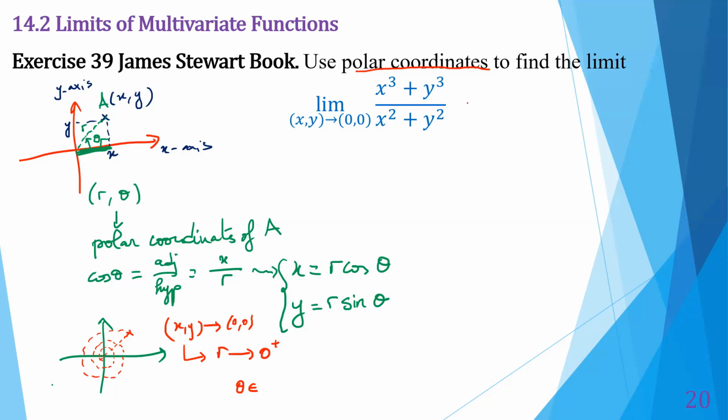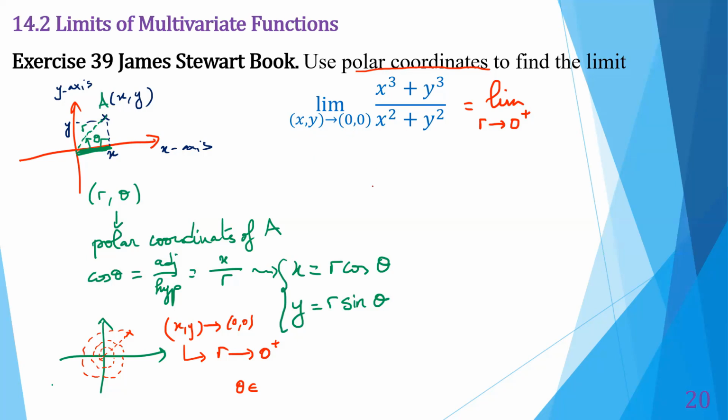So if we want to rewrite this limit in polar coordinates, we'll say that it's equal to the limit when r goes to 0 plus, which replaces the fact that the point xy goes to the origin.